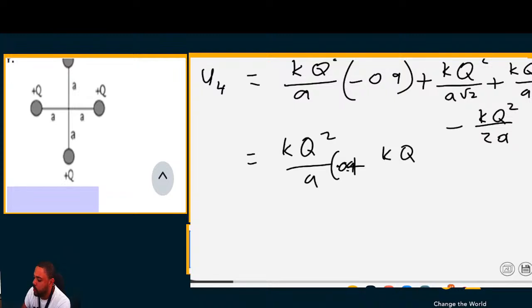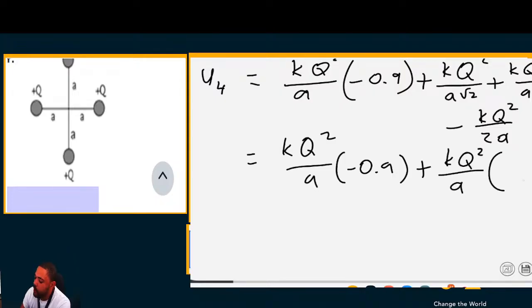Let me just rewrite that. Negative 0.9, plus, if we take kq squared over a out of these three as well, we have 1 over square root 2 plus 1 over square root 2 minus a half.